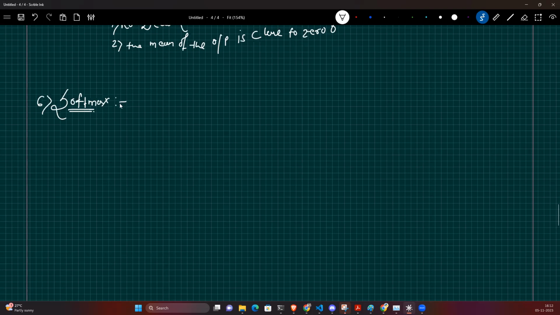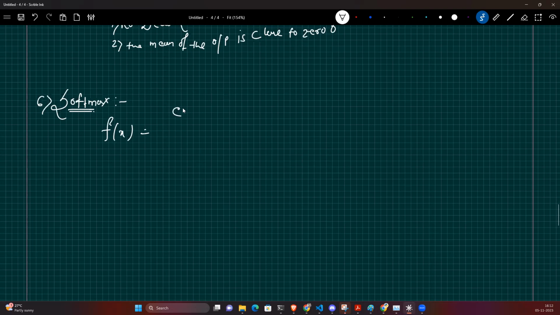This softmax activation function we always apply on the output layer, when your output is multi-class classification. Whenever we are solving a multi-class classification problem, we apply the softmax activation function. So how does it work?